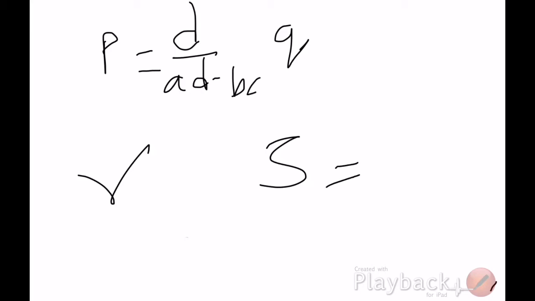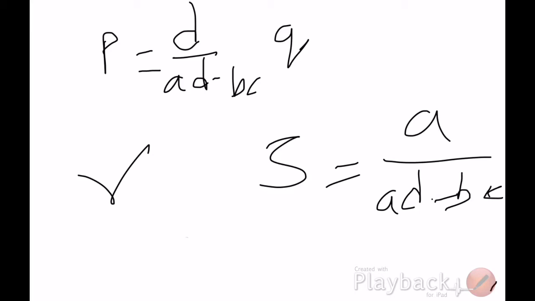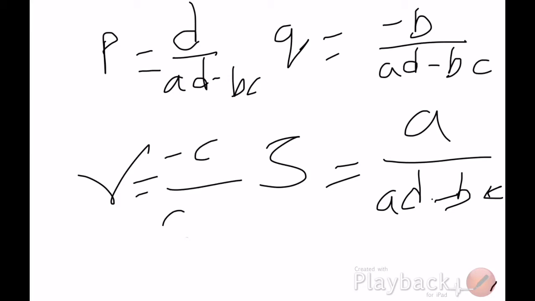S equals A over AD minus BC. Q is negative B over AD minus BC. R is negative C over AD minus BC. So now let's write this in the form of a matrix.